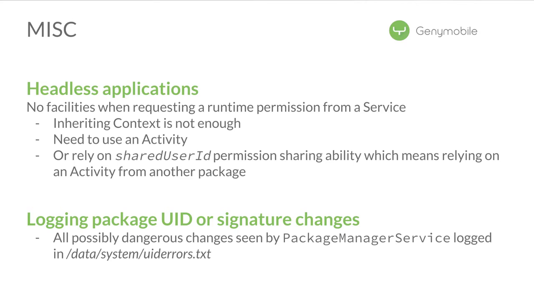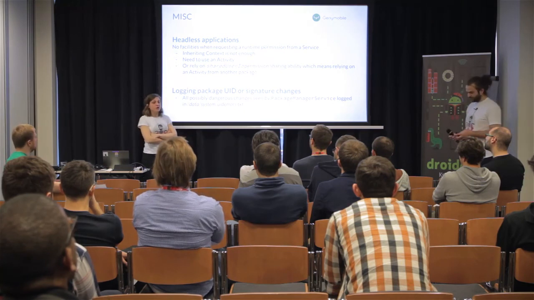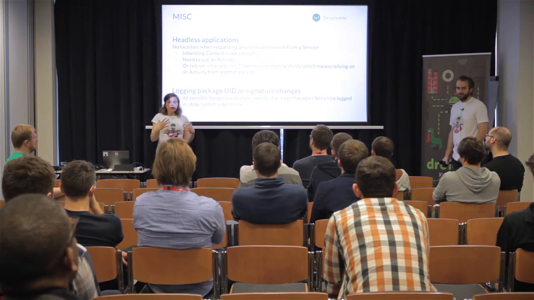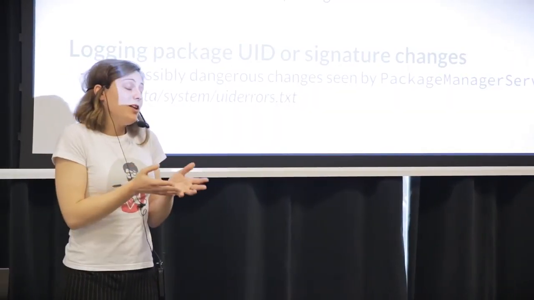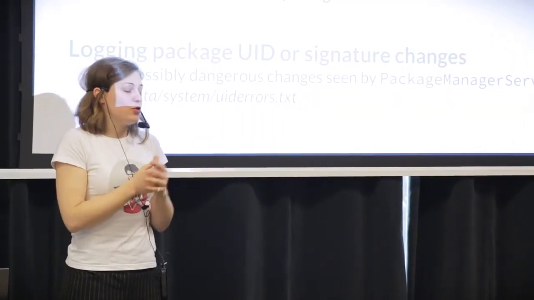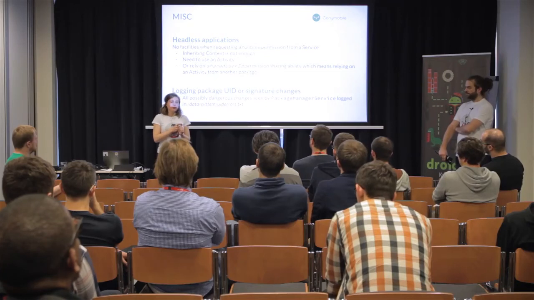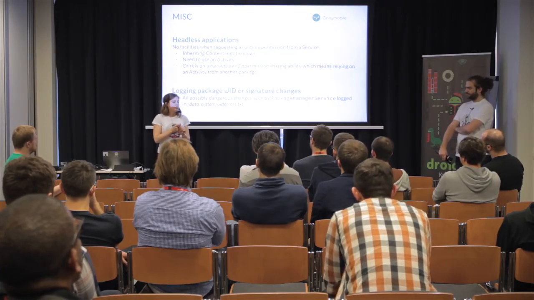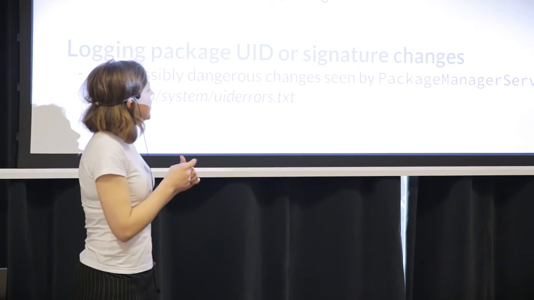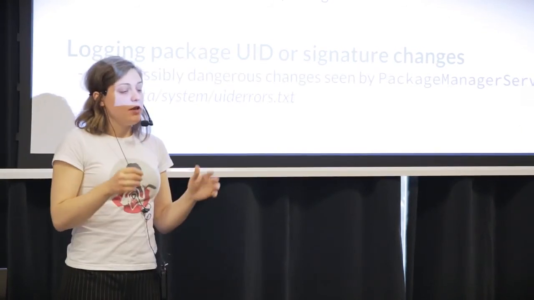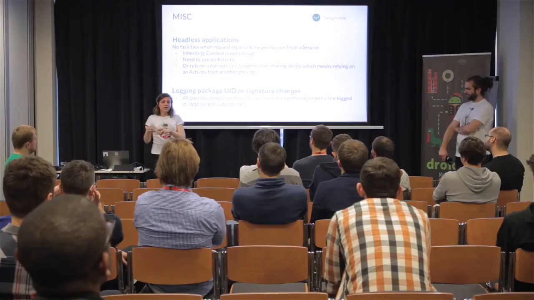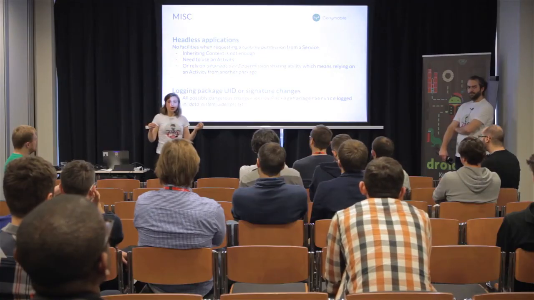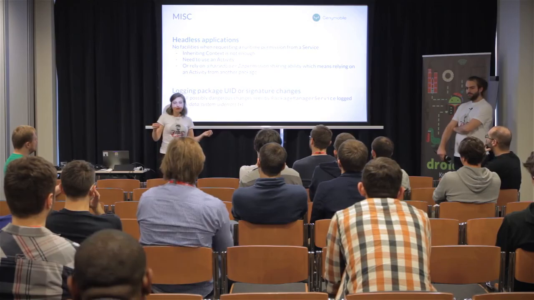Okay, what happens when you have a headless application? Sometimes it happens, but now we have a new permission system at runtime, and the runtime asks you for a UI. So there are two ways to do it. One is using the shareUID attribute in your application, so that if the other application has the right permission granted, your headless application will have the right and the access to your features.